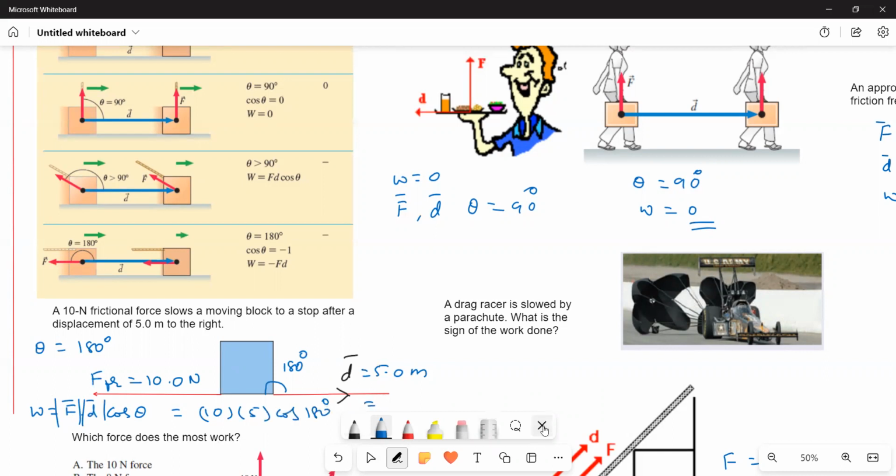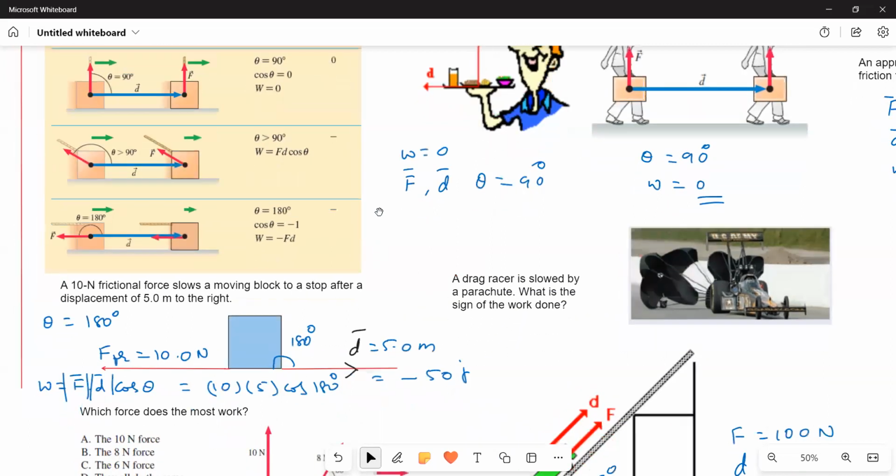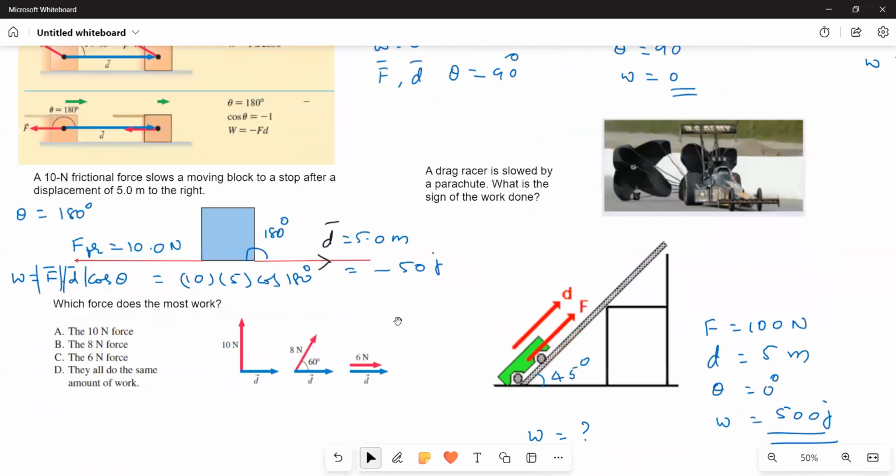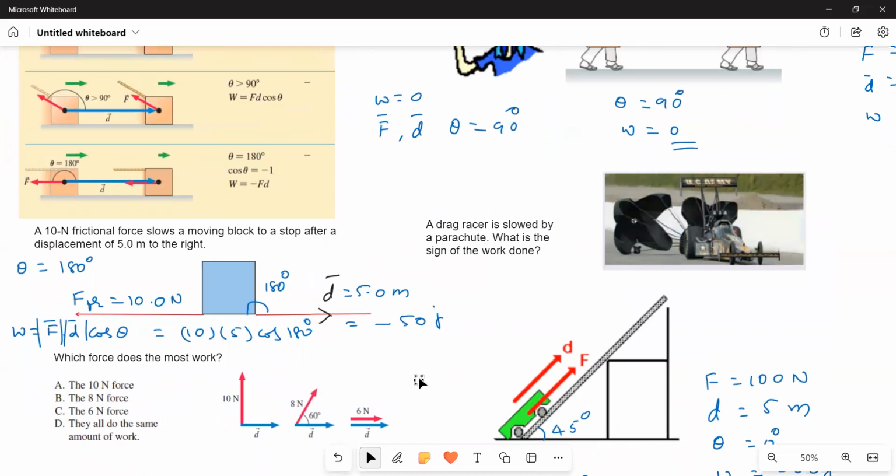So therefore, it will be minus 50 joules. Understood? So this is all about the work done. Work done may be positive, may be 0, or may be negative, depending on the angle.